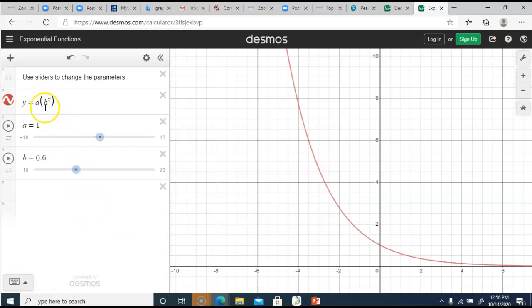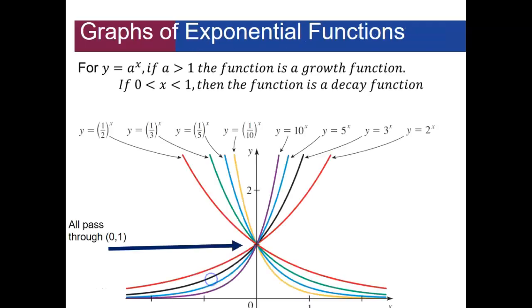A b that's greater than 1 is going to be growth, and a b that's between 0 and 1 is going to indicate decay. Okay, so this kind of summarizes what we saw in the Desmos activity. If b is greater than 1, then it's going to be a growth function. If b is between 0 and 1, then the function is a decay function.